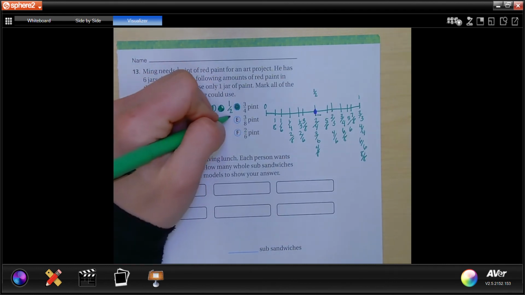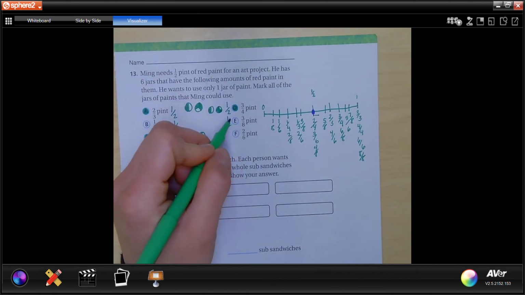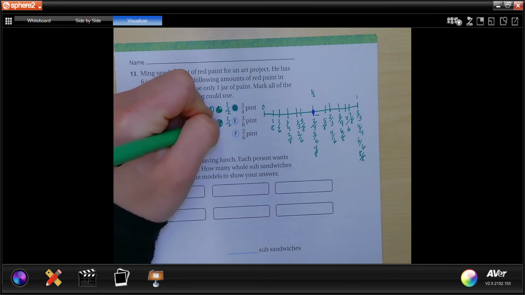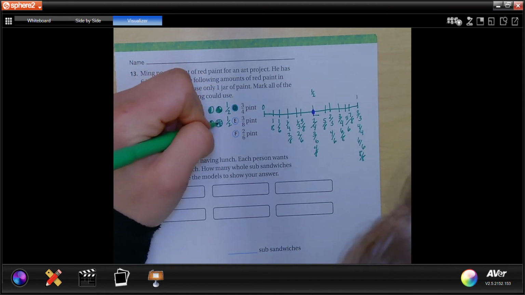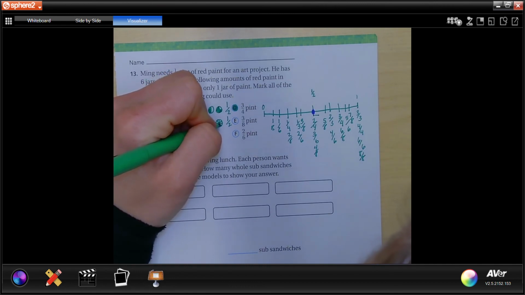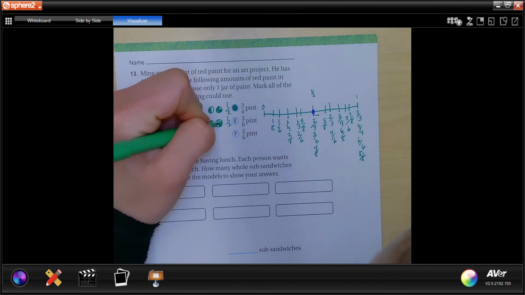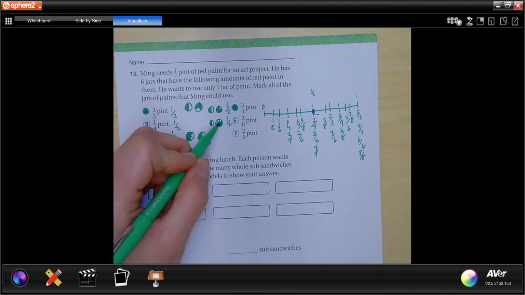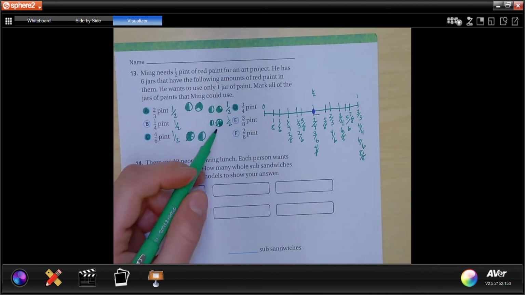3/8 and 1/2. Different numerators and different denominators. Let's do missing pieces again. There's half. There's 3/8. 1, 2, 3. Okay, so we need this and we only have this much. So is that true? It's not true.